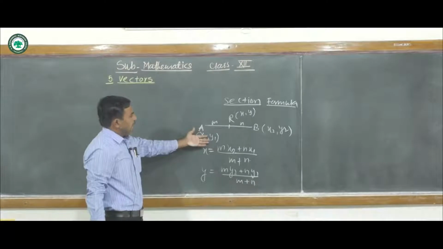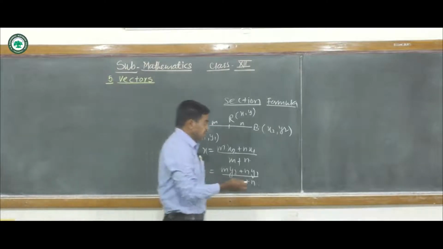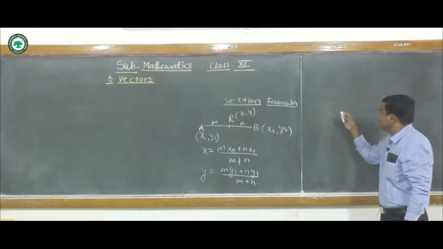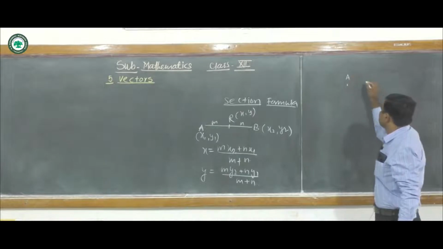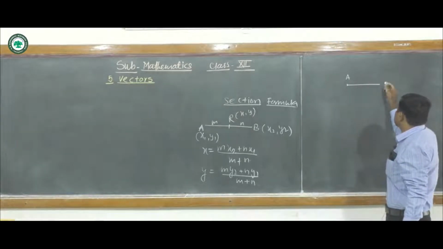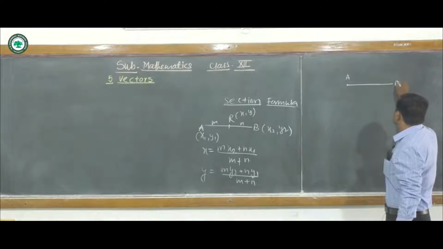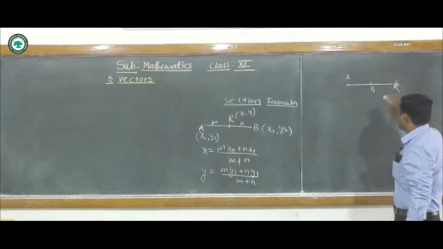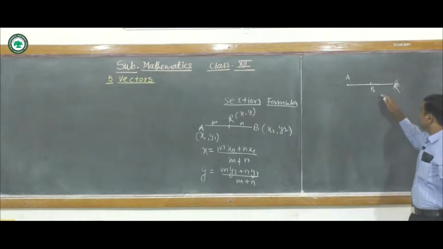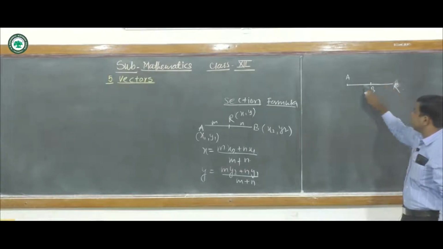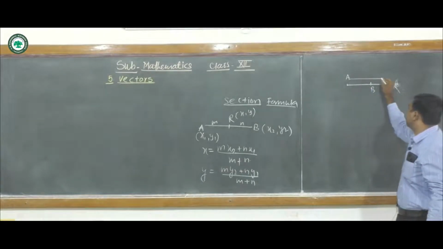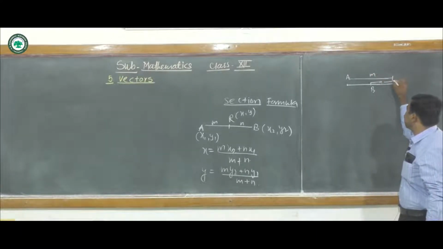Or if that point R divides externally, meaning if the point is like this, point A here, B here, and point R is here, then this point R divides the segment AB externally in the ratio m/n.